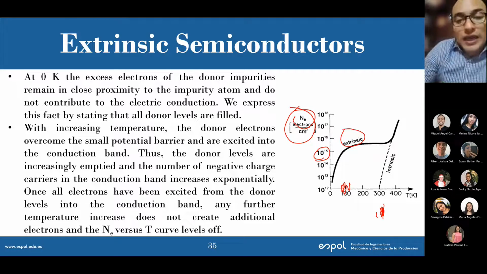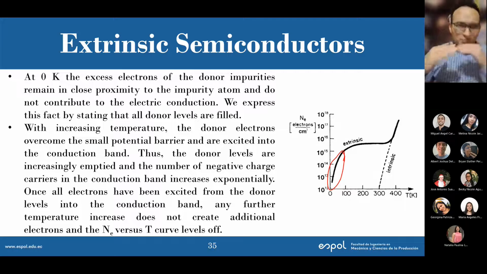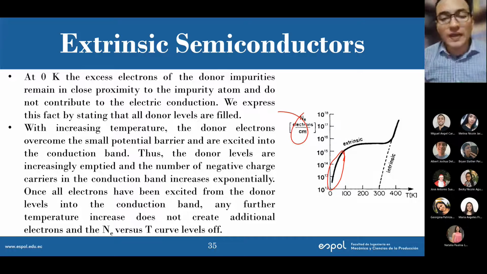And this is very, very important. The effect of an extrinsic semiconductor is actually seen at low temperatures, up to around 300 or so. Because up to 100, you have a steep, very marked increase in the number of electrons, and therefore an increase in conductivity, right?